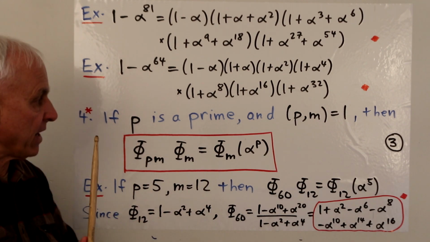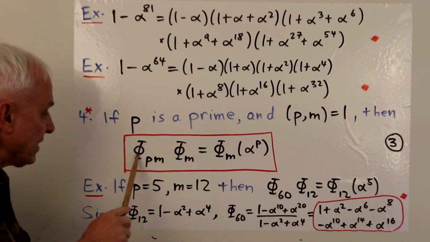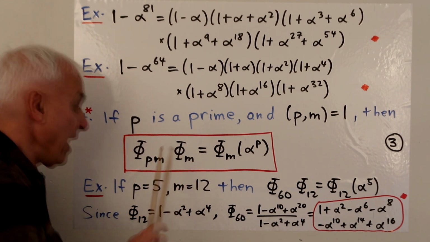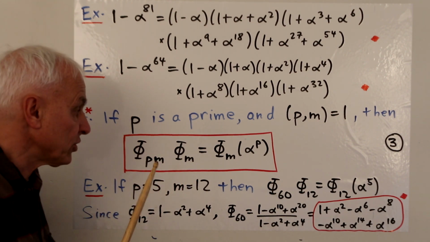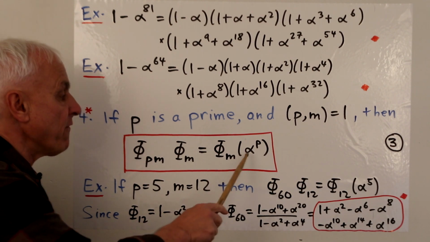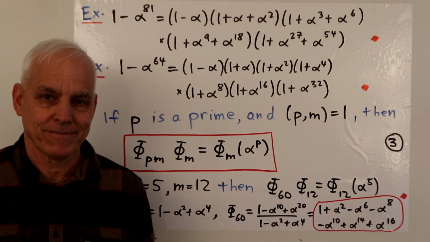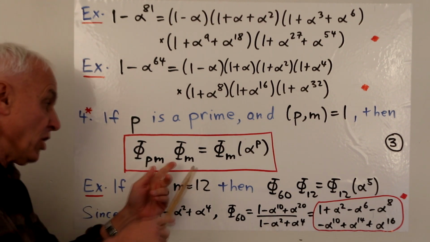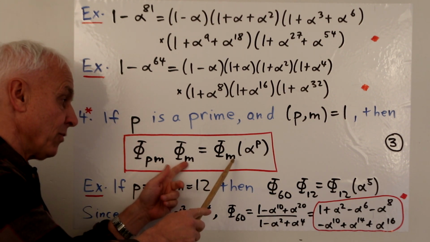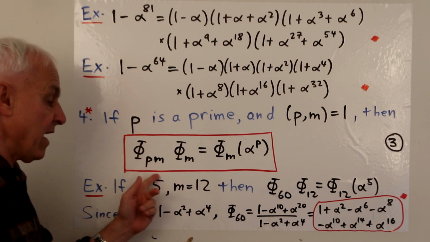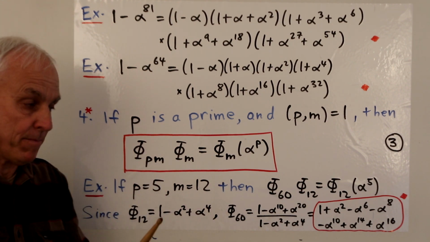They have no common factors. Then phi sub p times m times phi sub m is equal to phi sub m of alpha to the p. So assuming we know what phi sub m is, we know this factor and this factor, we can then calculate phi sub p times m.